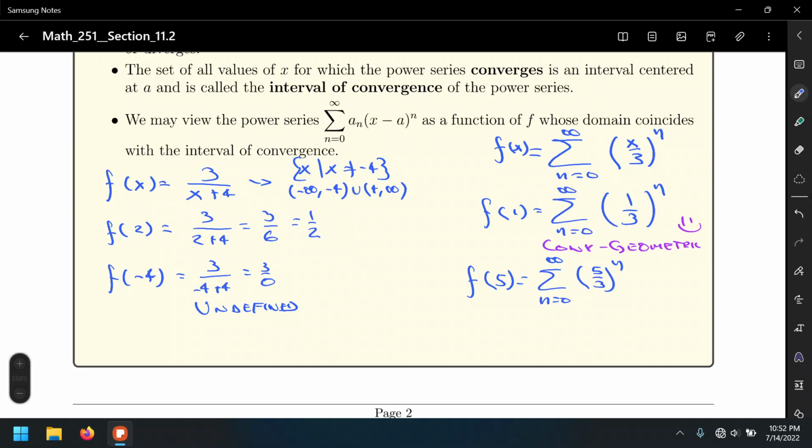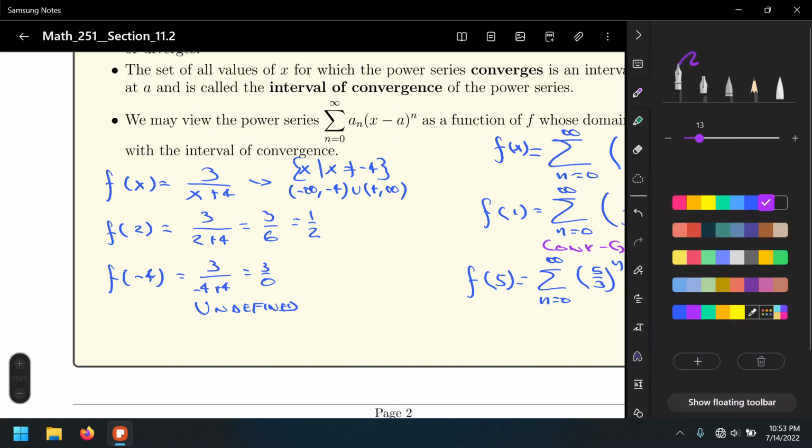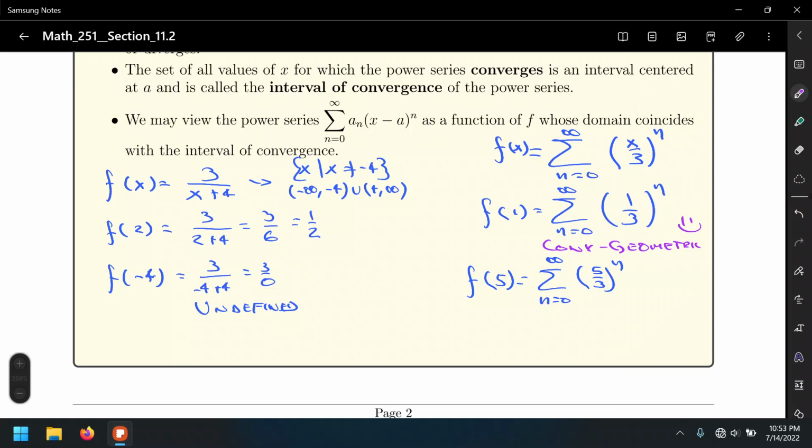In this case, this is also a geometric series, but look at the value of r, it's 5/3, and unfortunately it's greater than or equal to 1. So this is a divergent geometric series. All right, this is divergent, that's convergent.